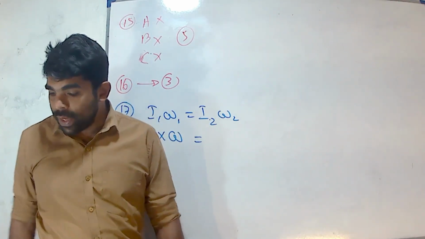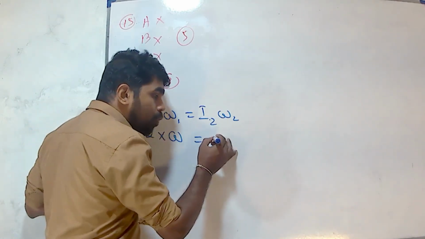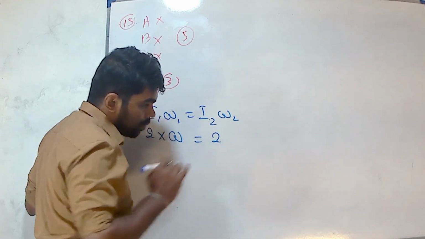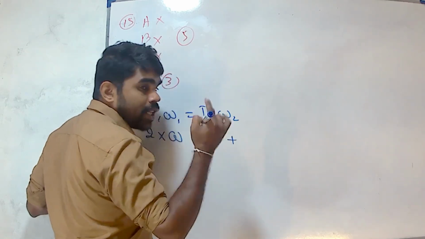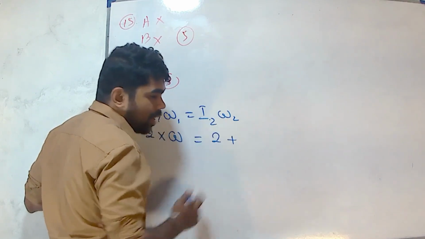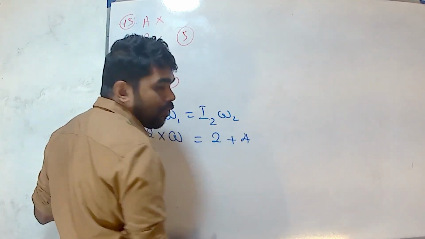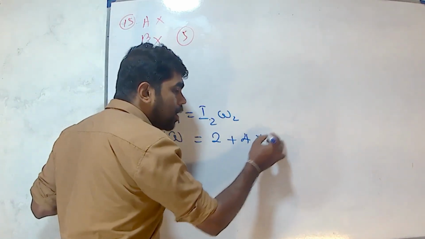For the second situation, we have to consider the moment of inertia of the child with the rotating chair, 2. We have to add the moment of inertia of a ring. It is mr squared. The mass of the wheel is 4, the radius is half, because they have given that the diameter is 1 meter. Then half squared.